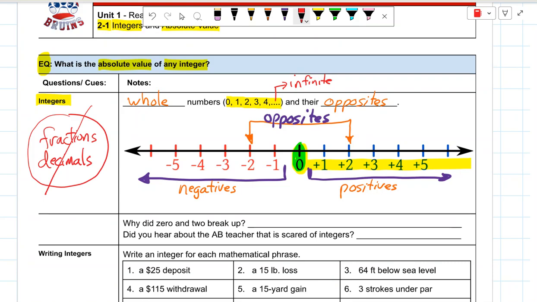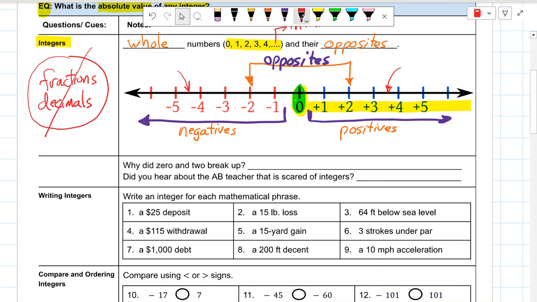So what does this mean? Well, there's lots of numbers you can't see, as in right here, there's 3.5. But that's a fraction, so that is not an integer. And down here, this is negative 4.7, and that is not an integer. Those are decimals, and fractions and decimals are not integers.